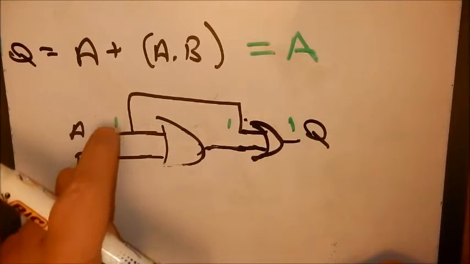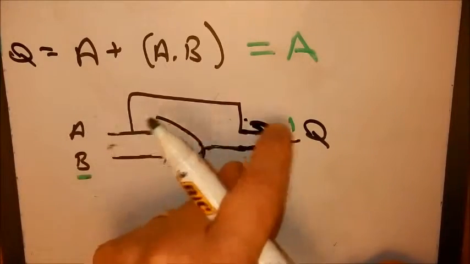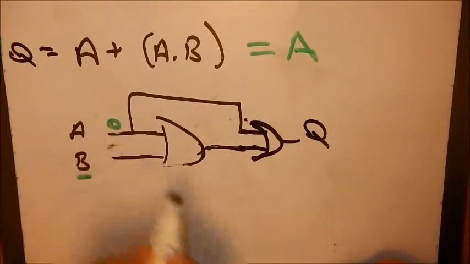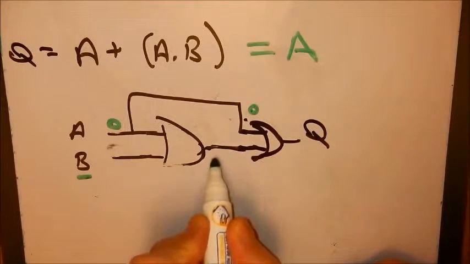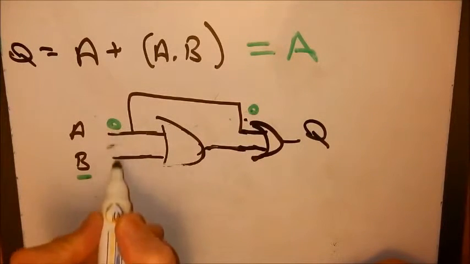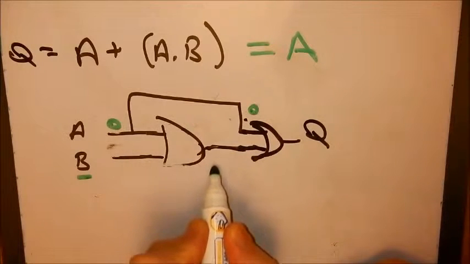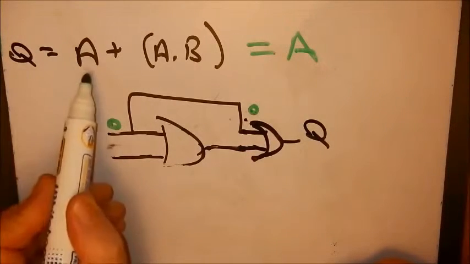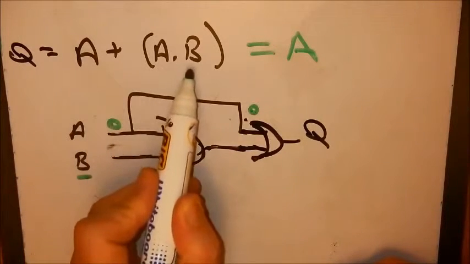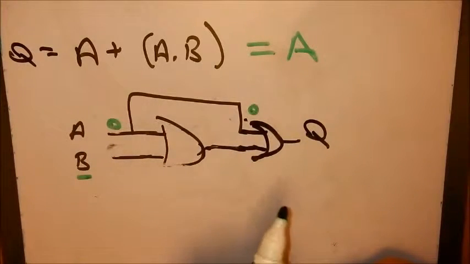Now let's consider if A was a 0, we're going to get a 0 here, so we'd need a 1 to be coming out here. However, as this is an AND gate, we're never going to get a 1 coming out of here. Therefore we can say that A ORed with A and B is the same as A.